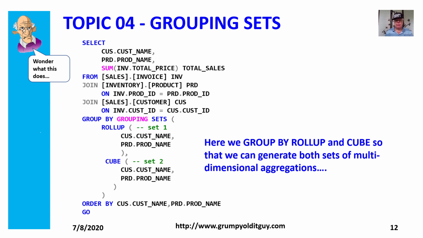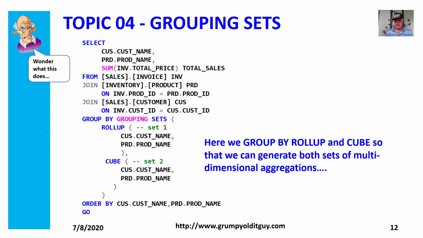Then within the parentheses, we have other sets of parentheses, set 1, set 2. So notice in our little query here, we've got a grouping set that includes a roll-up by customer name and product name. And the second grouping set is a cube by customer name and product name. So you're combining both roll-ups and cubes.